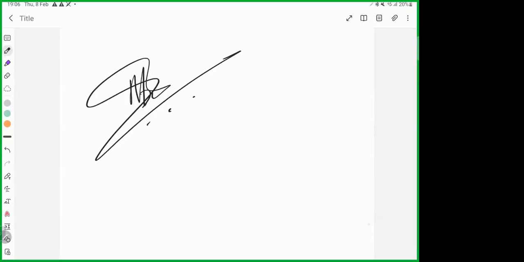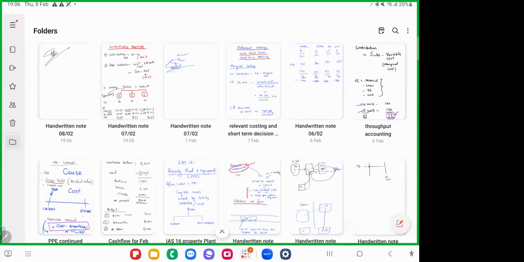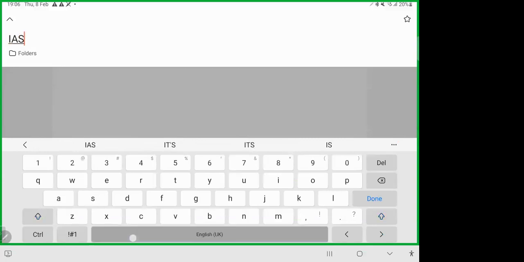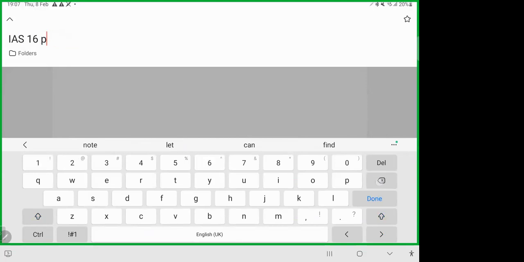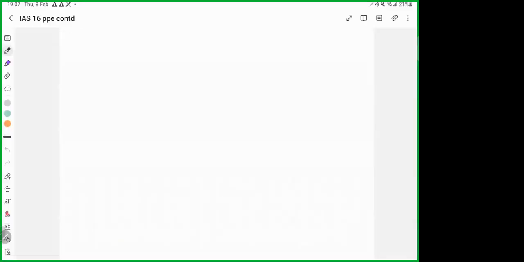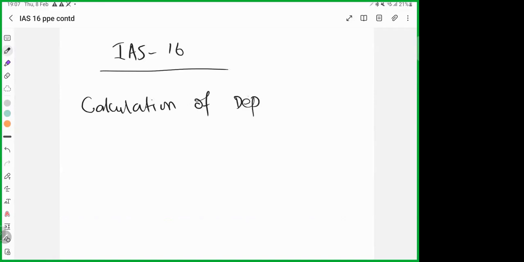In the last class, we talked about how we calculate depreciation, isn't it?